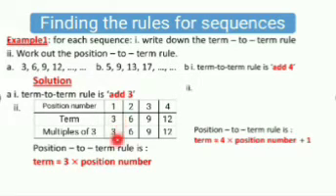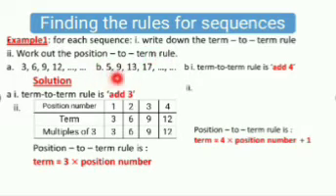Is that okay? 3 times 1 will give you 3, 3 times 2, and so on. The position number will just be changing from 1 to 2 to 3 to 4. Is that clear? So we generate the position to term rule.